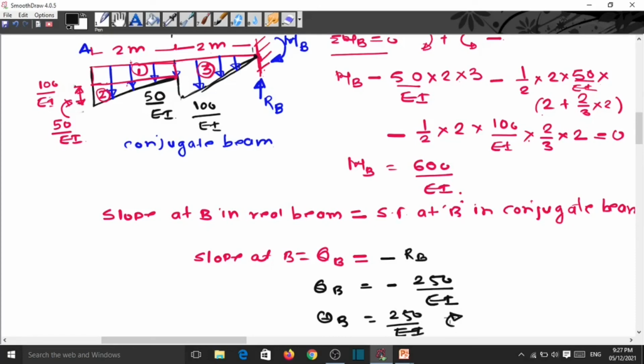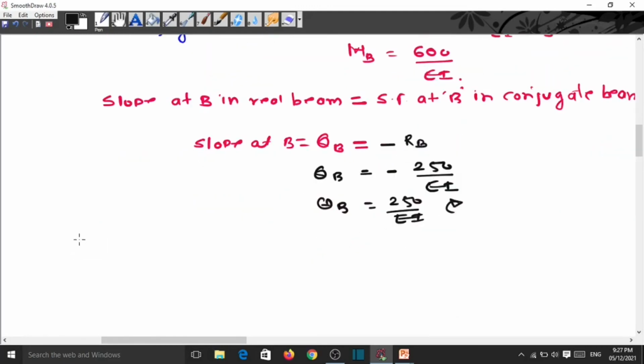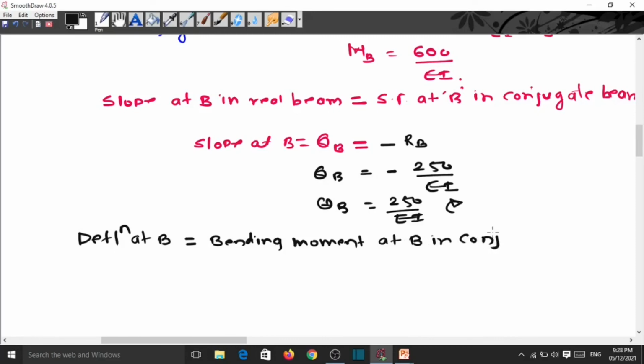Then next part is the deflection at B. That is equal to the bending moment at B in the conjugate beam. We want the deflection at B in the real beam, so that is equal to the bending moment at B in the conjugate beam.